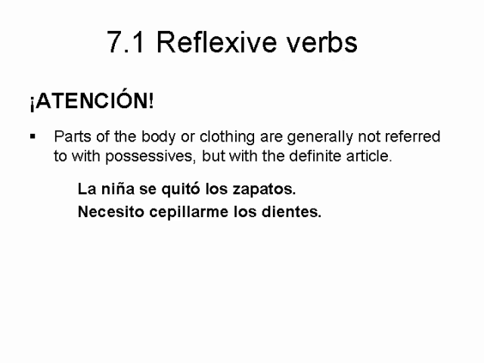But in Spanish, parts of the body or clothing are generally not referred to with possessive, but with the definite article. And what that means, it's just a fancy way of saying that in English we do say, I take off my shoes, but in Spanish it ends up being La niña se quitó los zapatos. The girl takes off the shoes. But in English, because we do say my shoes, it translates that way.